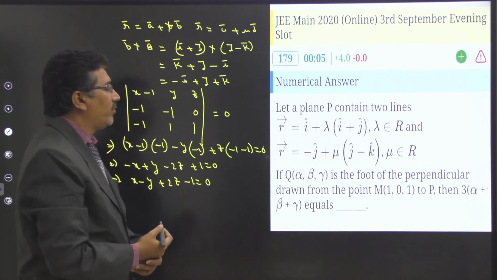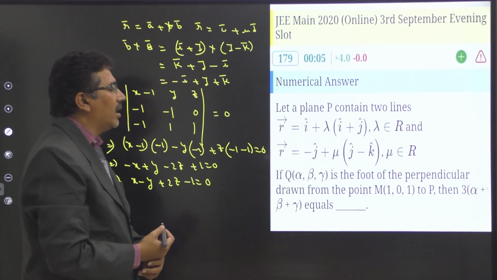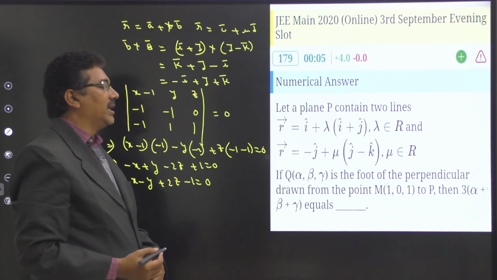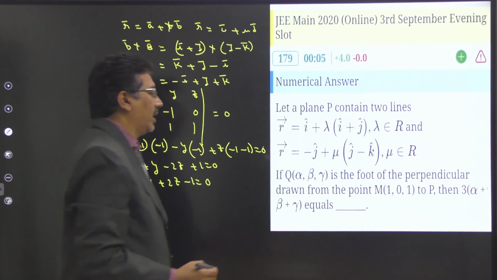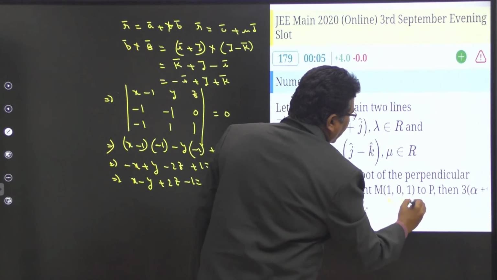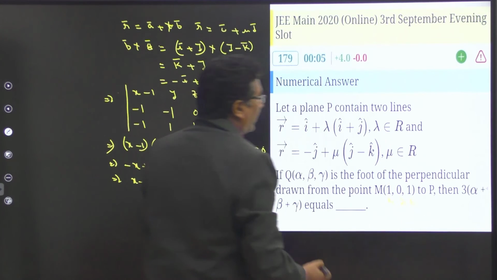Now we want to find alpha, beta, gamma, the foot of the perpendicular from the point M(1, 0, 1). Now this is x1, this is y1, this is z1.